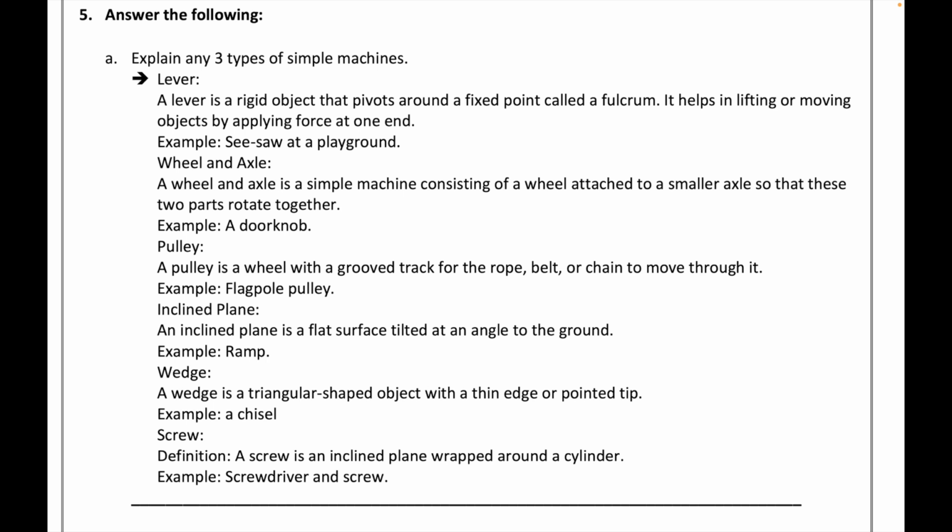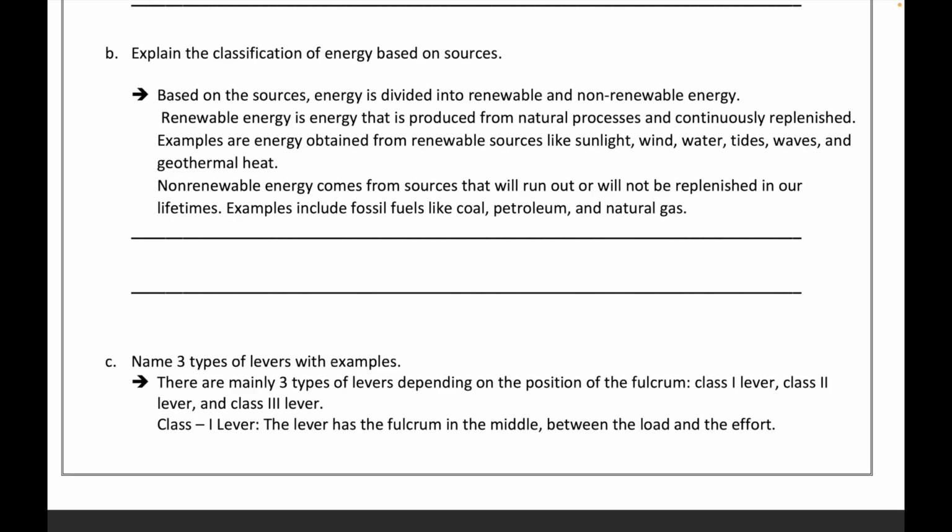A wedge is a triangular shaped object with a thin edge or pointed tip. Example, a chisel. Next is screw. A screw is an inclined plane wrapped around a cylinder. Example, screwdriver and screw.